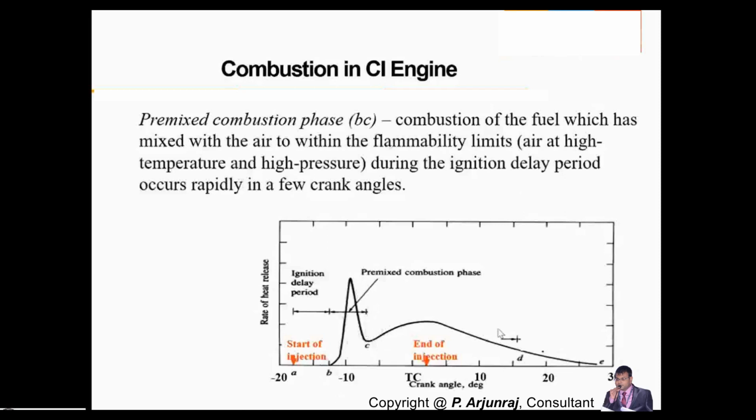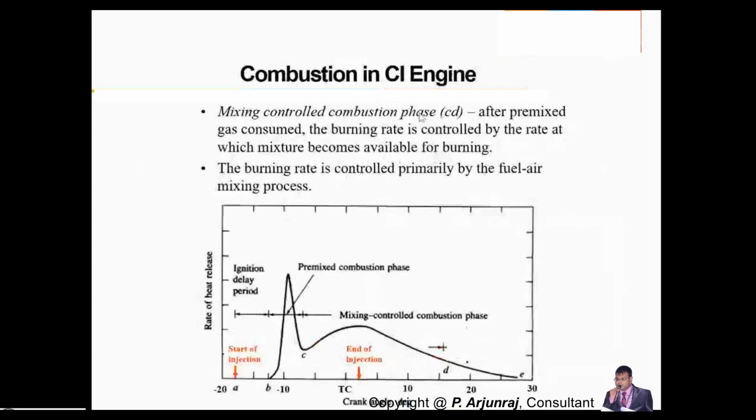Next comes the third stage, called the mixing controlled combustion phase, C2D. Here the air and fuel get completely mixed up, and the burning rate is controlled primarily by the air and fuel mixing. When you control the burning rate, you reduce the pressure, and as a result the rate of heat release is going to be lower in the controlled stage.